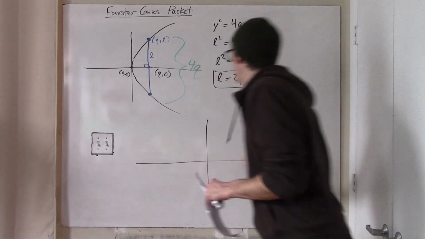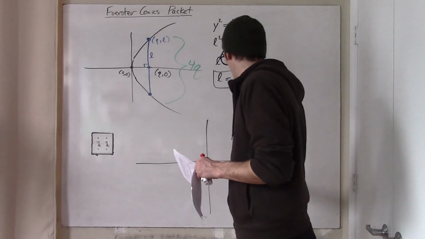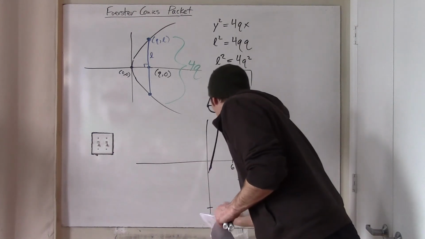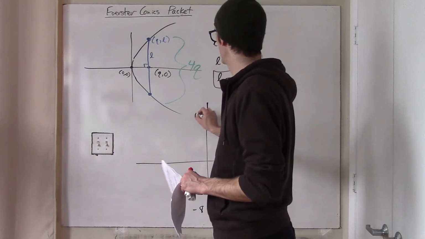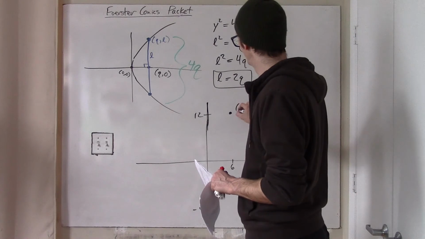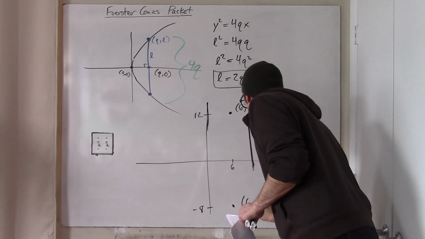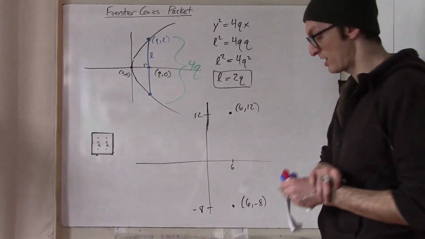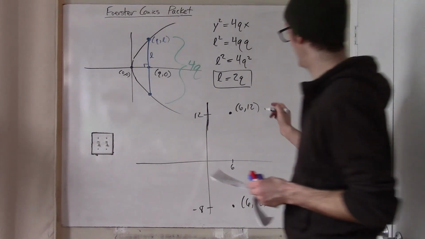So we do this: 6, -8, 6, 12. So here's 6, here's -8, and way up here is 12. So that's 6 comma 12, 6 comma -8, and that is the latus rectum, and it's opening right.